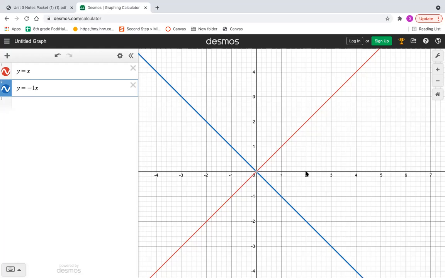What was once a value of 2 for the red, if we plug 2 in for x, 2 times 1, the normal one, would have given us 2. But on the blue one, if we plug 2 in, 2 times -1 would give us -2. And so that's really why we're seeing this flip about the x-axis.